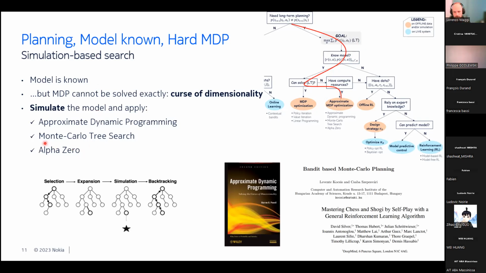Let's say AlphaZero is the most well-known example that is rooted into a less well-known technique, which is Monte Carlo tree search. And just to briefly touch upon it, Monte Carlo tree search is something that basically allows you to navigate through the tree of options, say chess or Go.